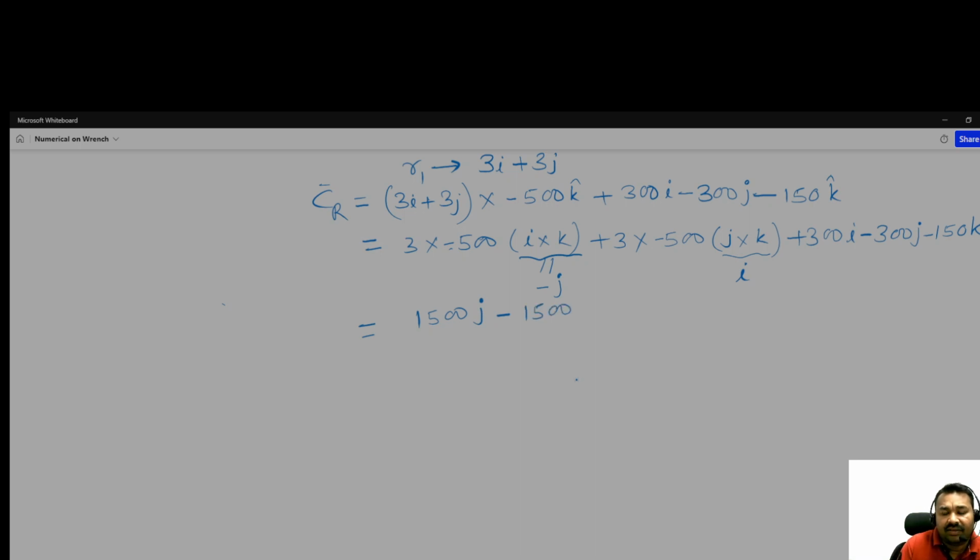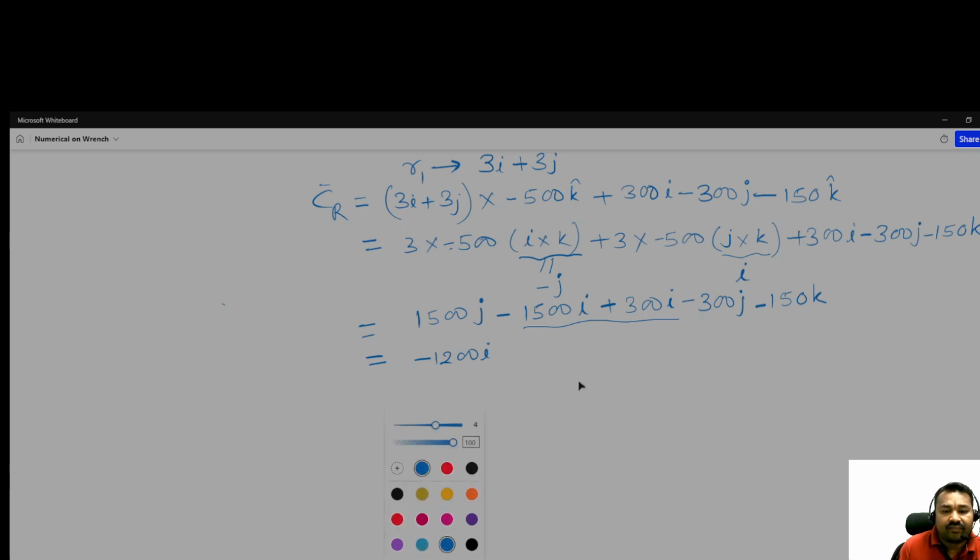So what we get is 1500J, and minus 1500I, plus 300I minus 300J minus 150K. This is equal to minus 1200I, and this and this we have to add, so it is plus 1200J and minus 150K.